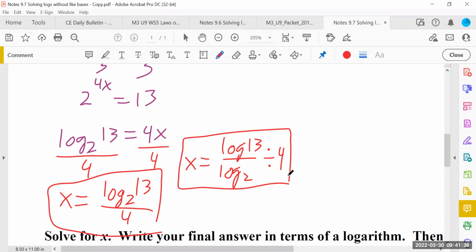You can do either one. That's what I'm telling you, log or natural log. You can do log base pi, you can do log base 7. It doesn't matter, but I would really recommend log or natural log because those are what your calculator can do. Either of them is equivalent, though. Doesn't matter which one you pick.